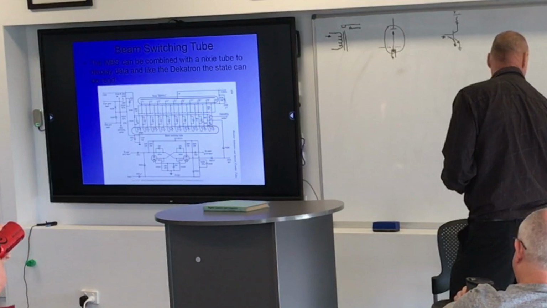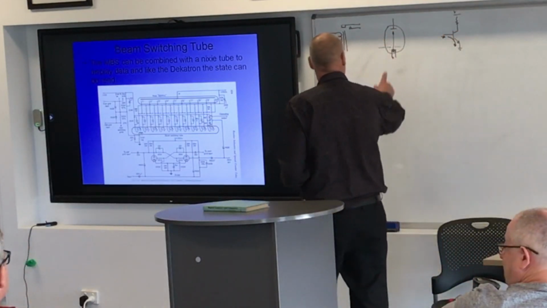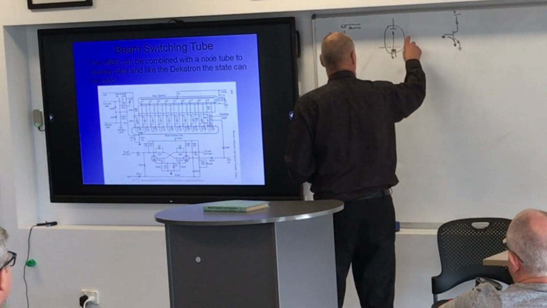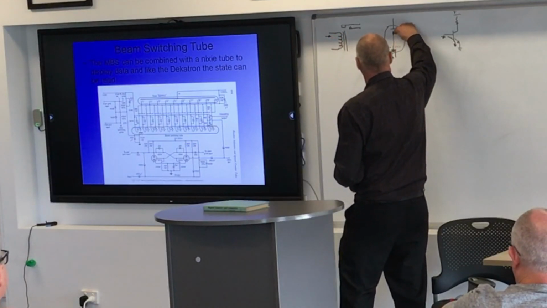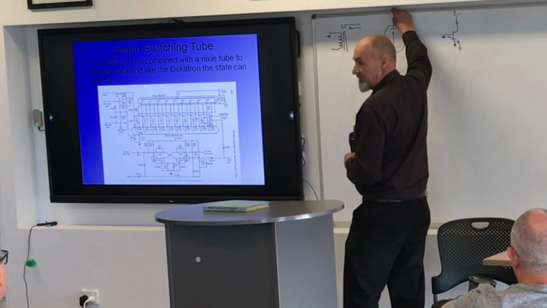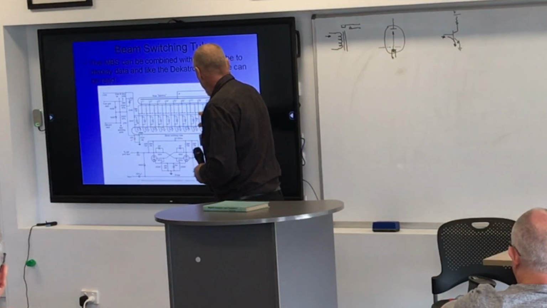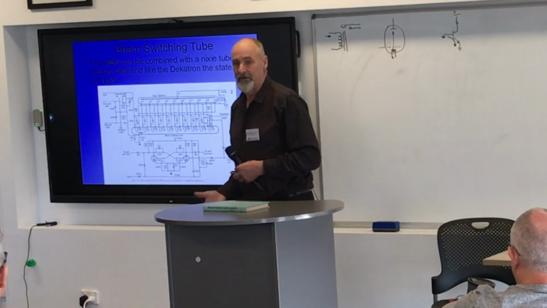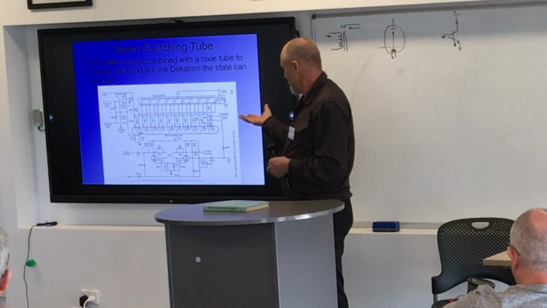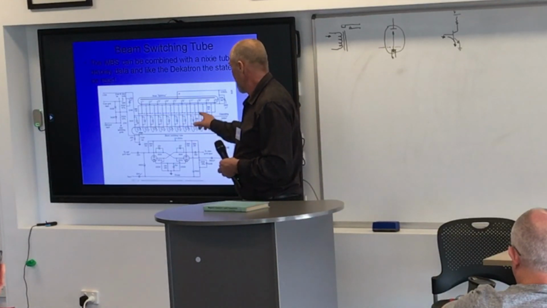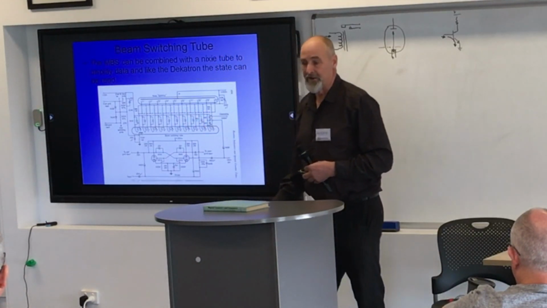And again, if you have an ionising gas or a beam of electrons and you put a bit of resistance in the plate, then you can take those out and read them off as data. So that's how they've turned a counting device into a data storage device.